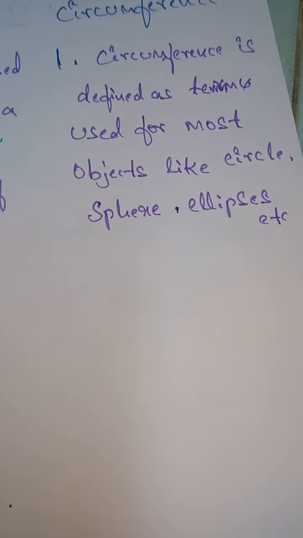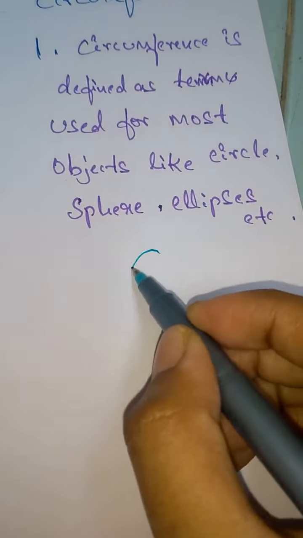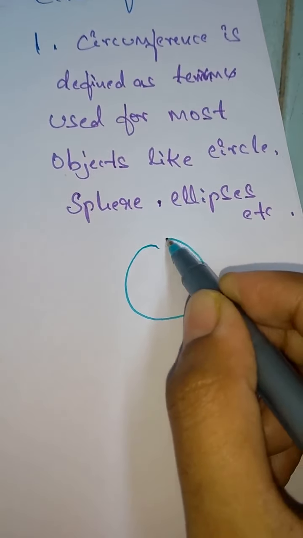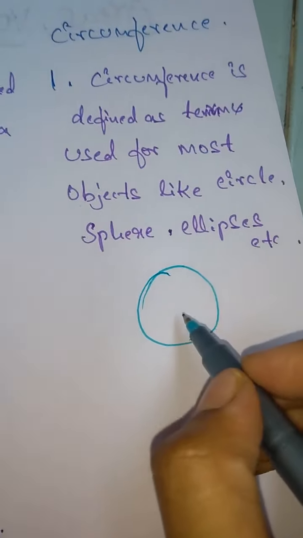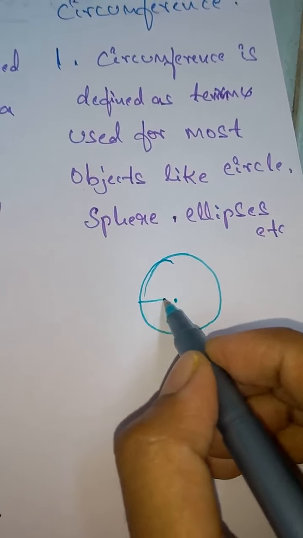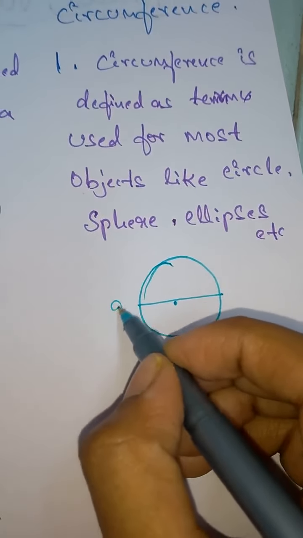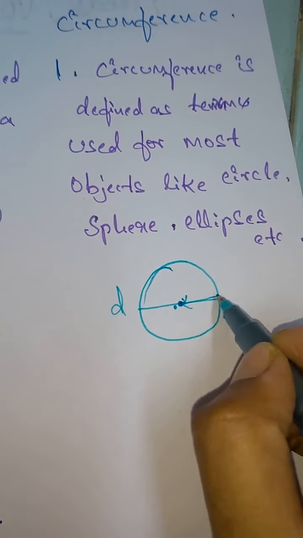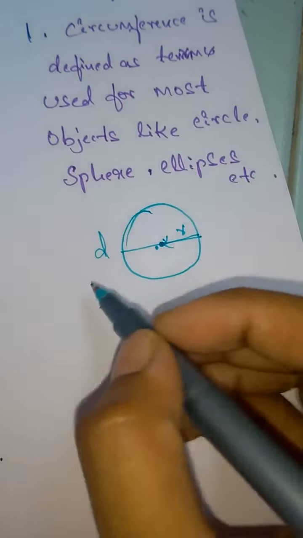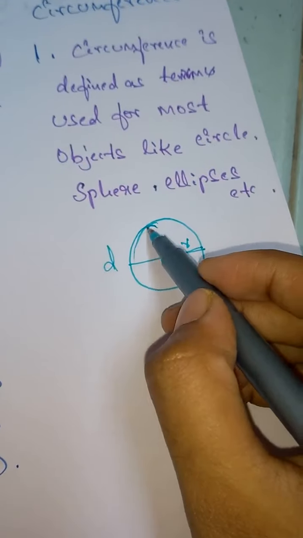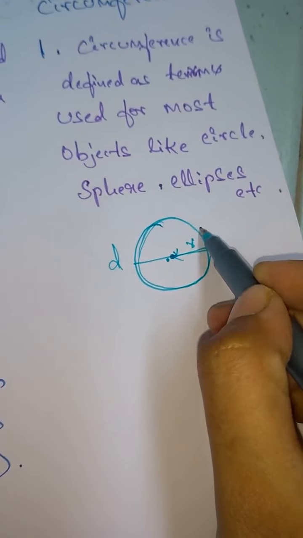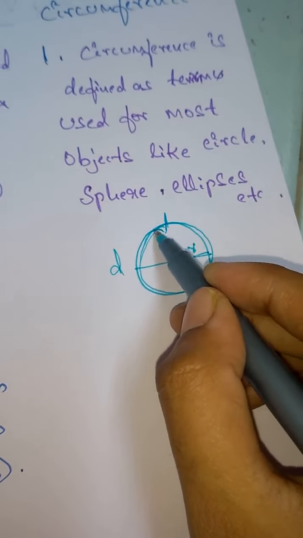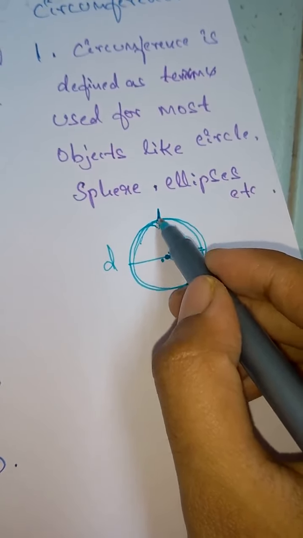So for that, for example, take a circle. This is the diameter. This is R. So circumference means total circle. Total one round of circle, starting from here to here.